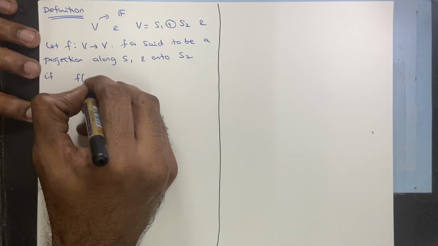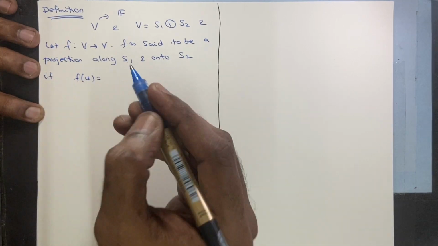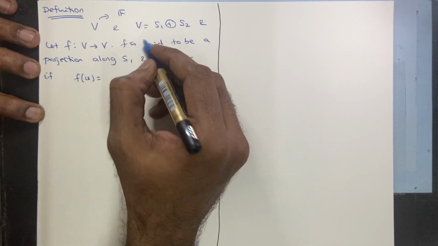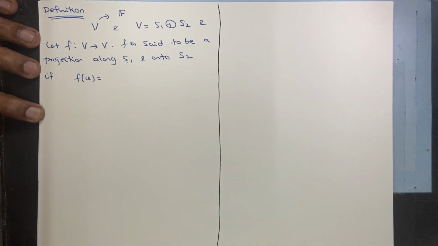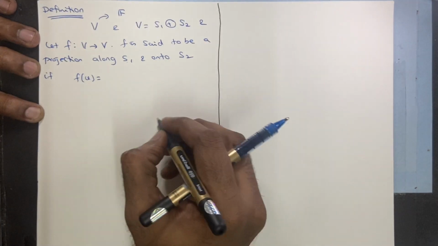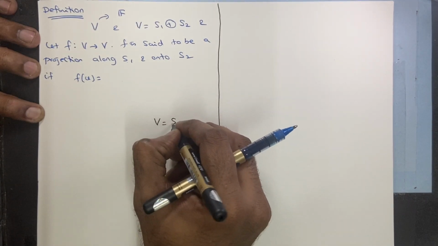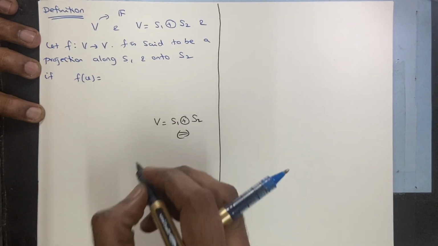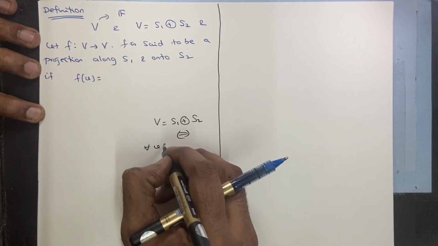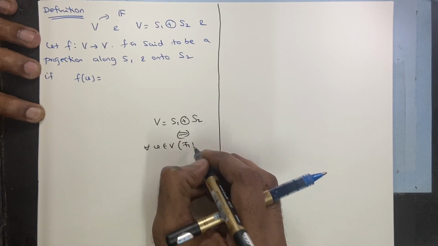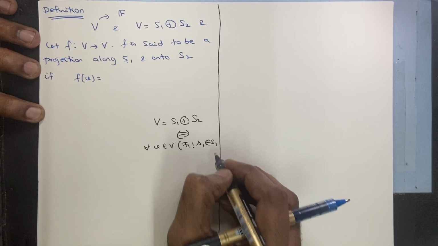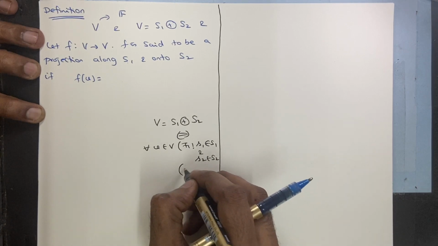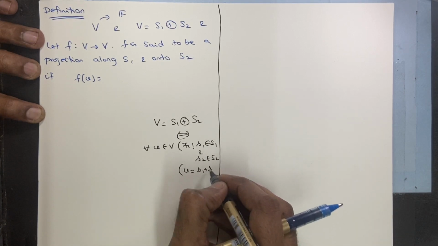Since V is written as S1 plus S2, by the definition of direct sum we know that for all v in V, there exist unique s1 in S1 and s2 in S2 such that v can be written as s1 plus s2.